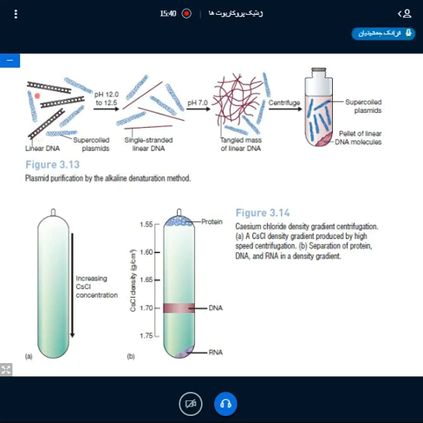Here, look at and listen to me. In this step, we just prepare the cell extract. So we break the bacteria. What do we have? We have DNA of plasmids and we have DNA of the bacteria.